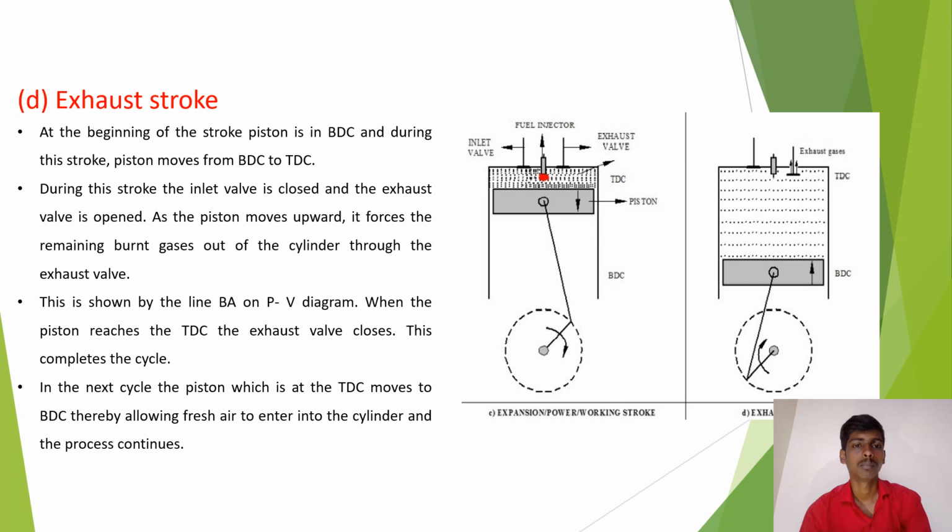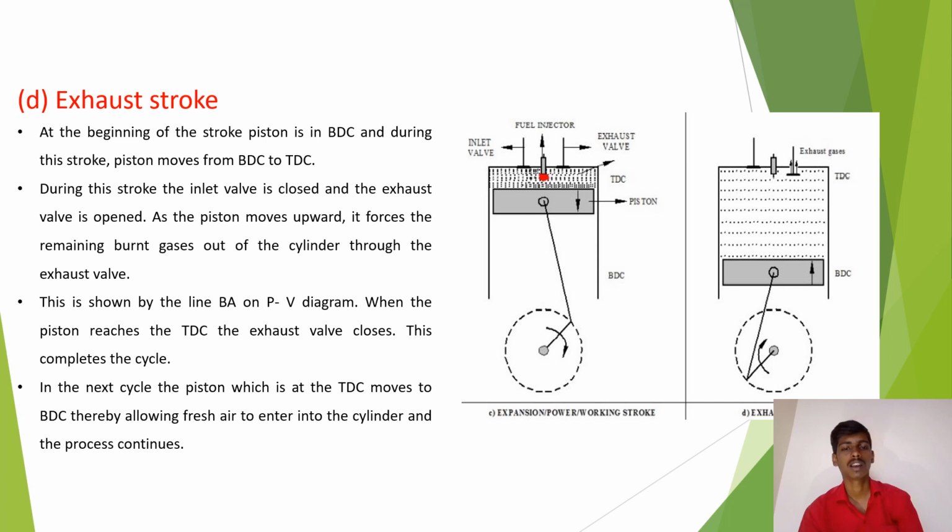Exhaust stroke. At the beginning of the stroke, the piston is at BDC and during this stroke, the piston moves from BDC to TDC. During this stroke, the inlet valve is closed and the exhaust valve is opened. As the piston moves upwards, it forces the remaining burnt gases out of the cylinder through the exhaust valve.